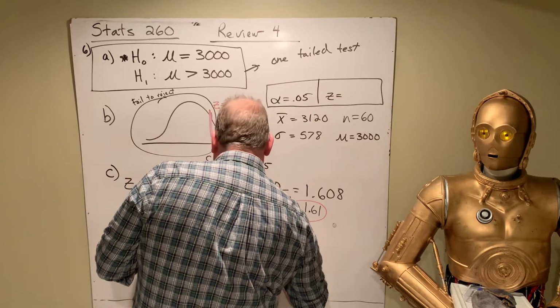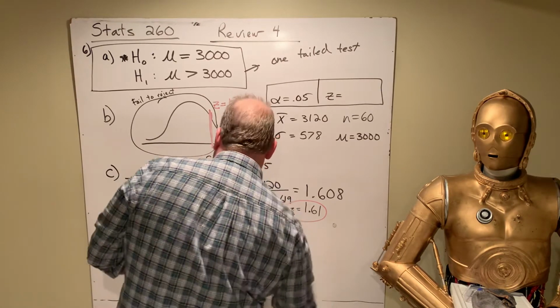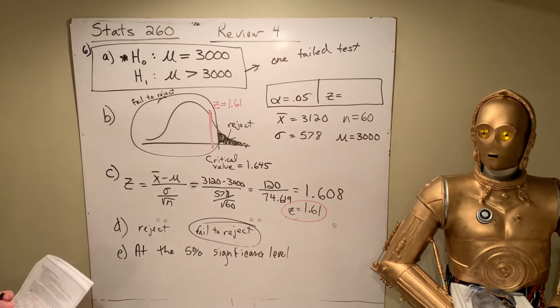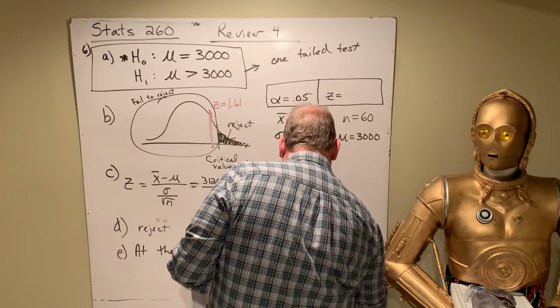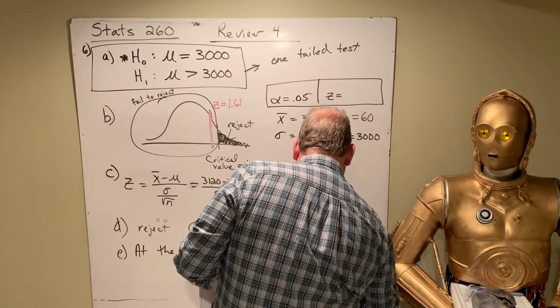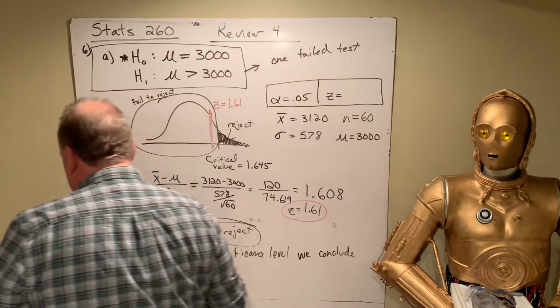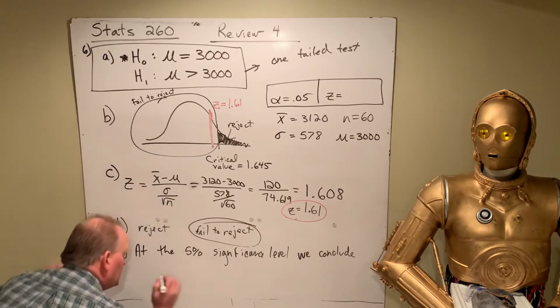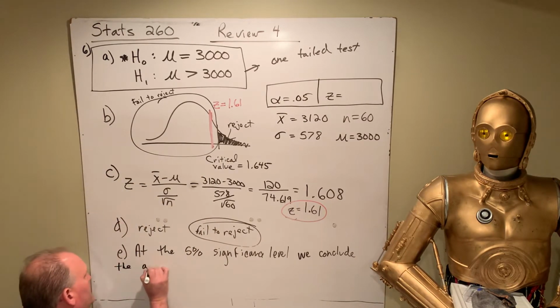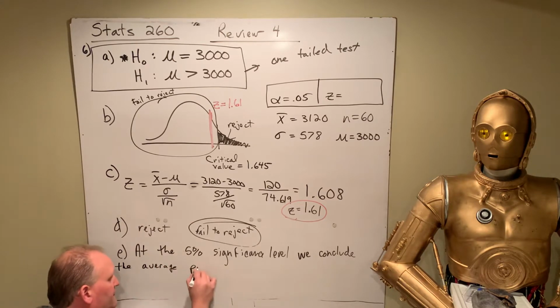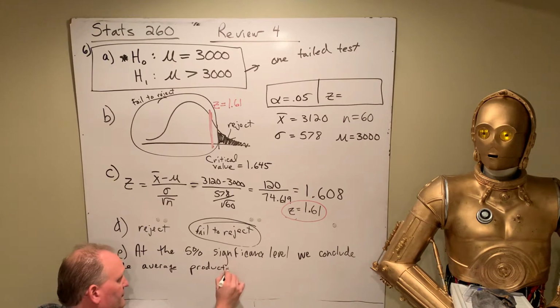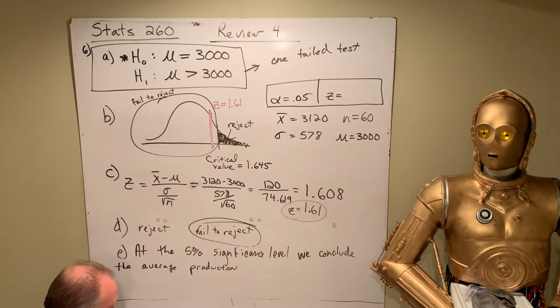And now we need to put it, that's the mathy part, get the, at the 5% significance level out of the way. We conclude, and now I want context to the problem, to the actual problem. So we conclude the average production of peanuts in the state of Virginia is 3,000 pounds per acre.